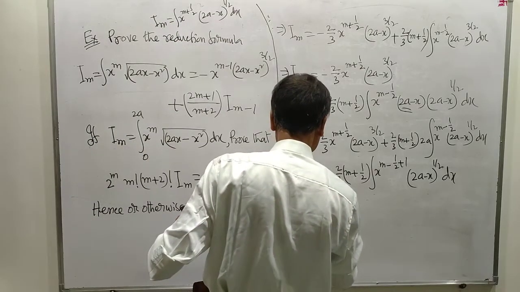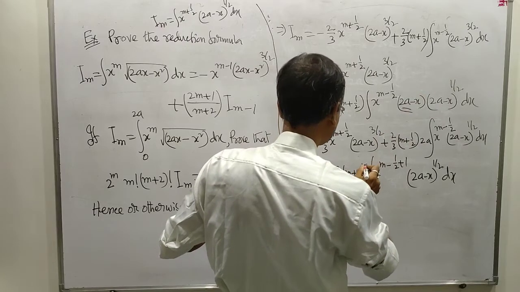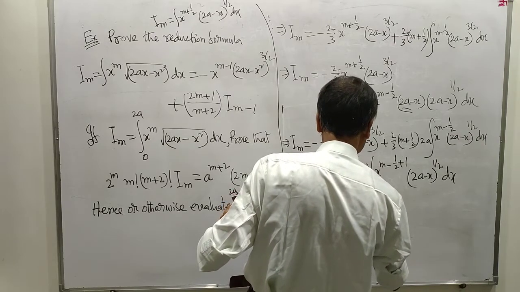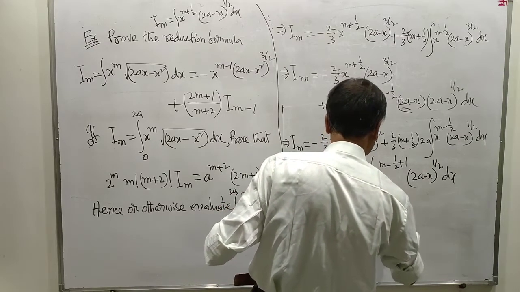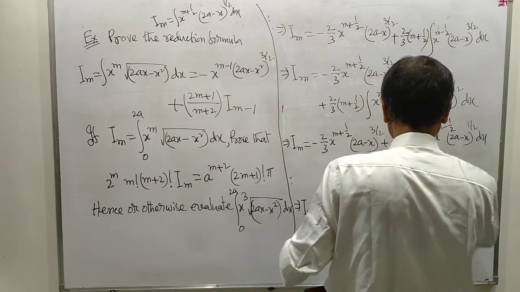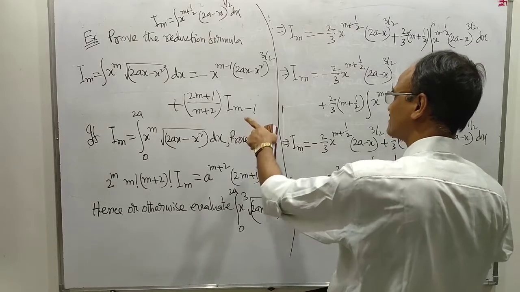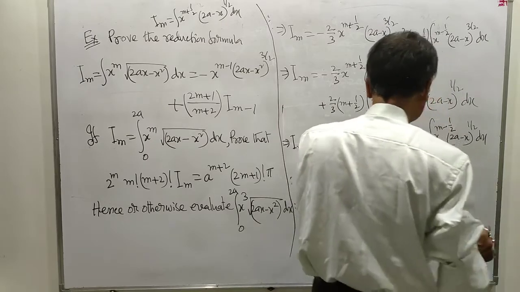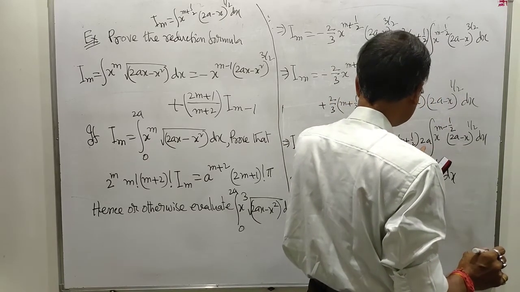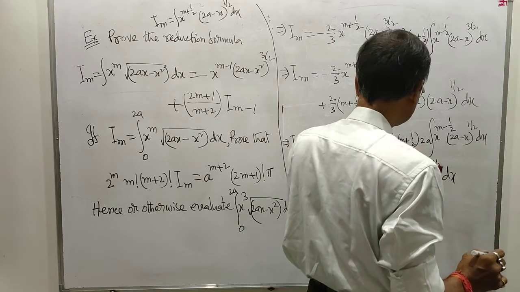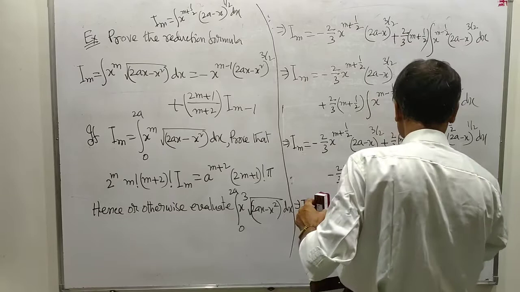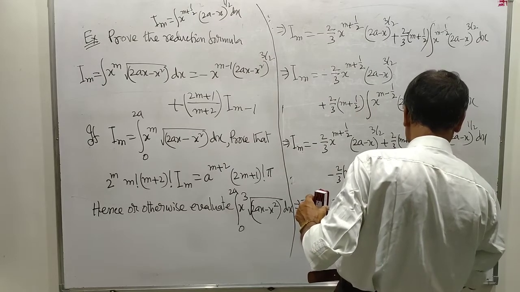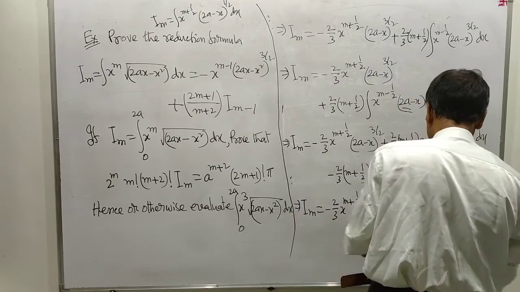This means I_m is equal to, you may write here, minus 2 by 3 x to the power m plus half, (2a minus x) whole to the power 3 by 2, plus, these two will be cancelled, these two twice and plus 1, plus 2 by 3, twice m plus 1 divided by 2, into twice a divided by 2, into twice a.